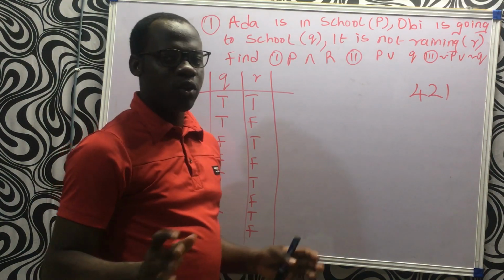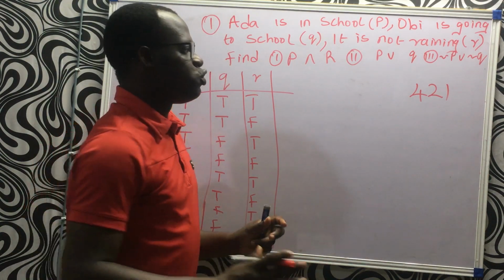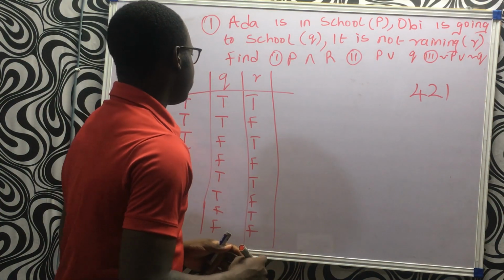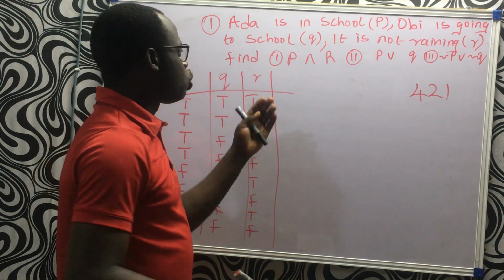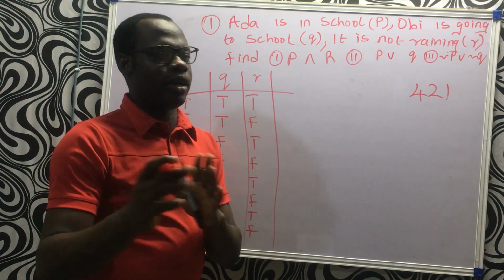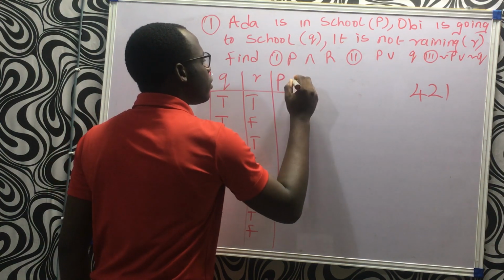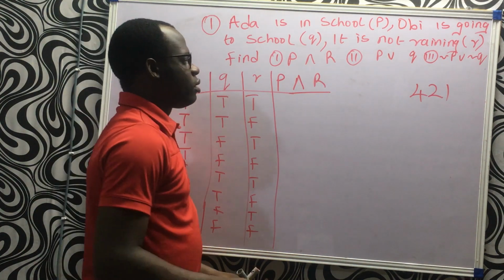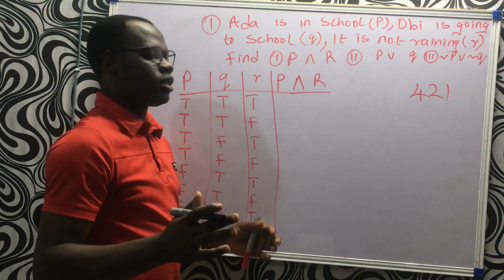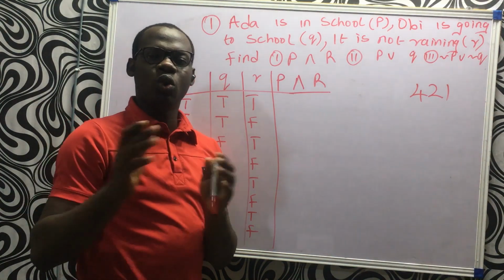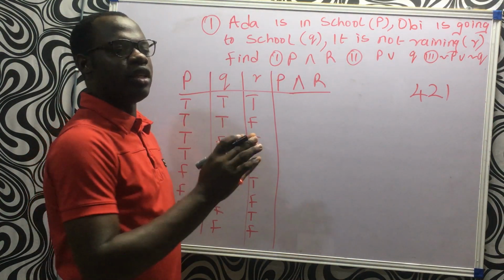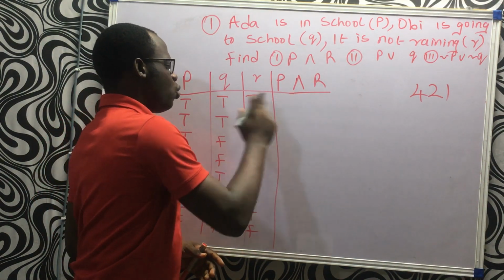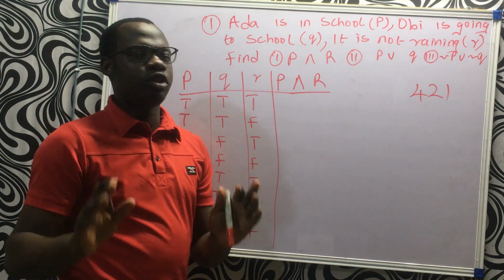When solving questions like this, it's also good to use one table to solve all the questions. With P, Q, and R, to solve the first question, which is P and R, the law for AND says that the output is true only when all the inputs are true.